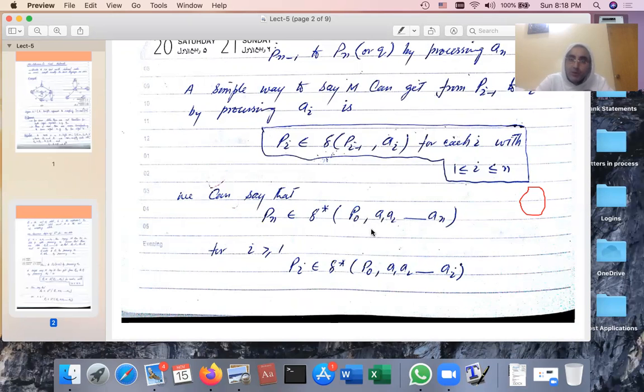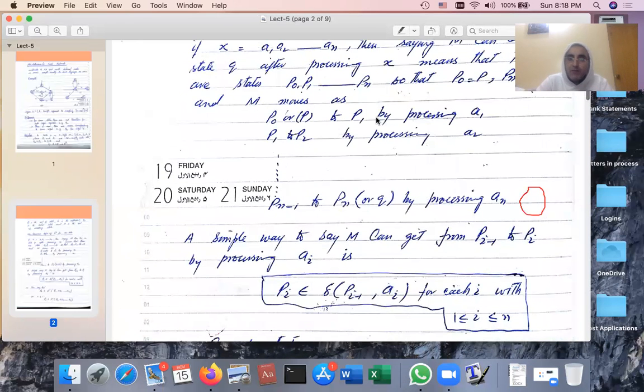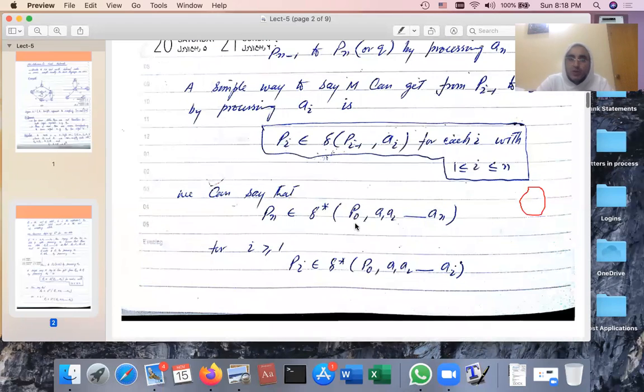So first we will process A1 at P0, then we will reach state P1, and then from P1 to P2, after applying A2, the same story as you have seen here. So now at P0, if we have a string containing these alphabets, then after applying multiple transitions, we can reach this Pn.